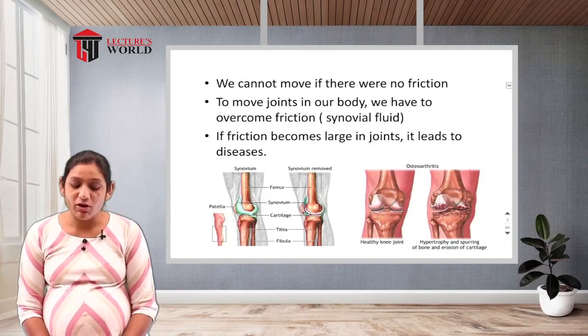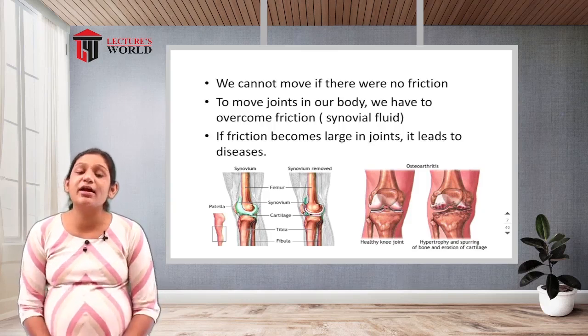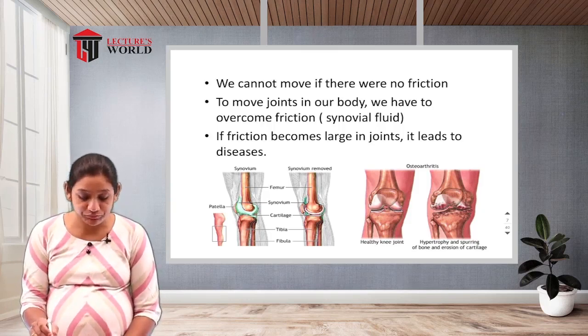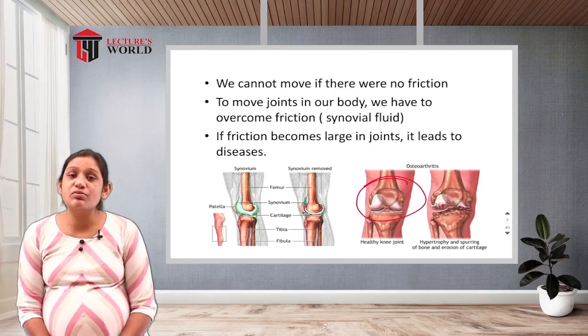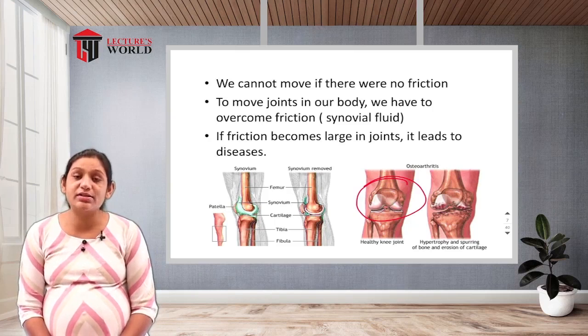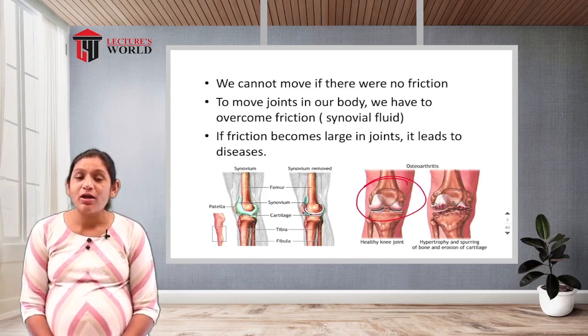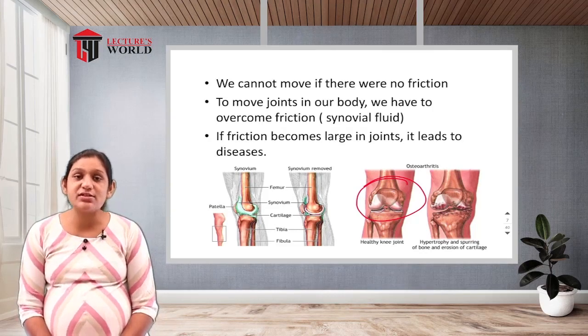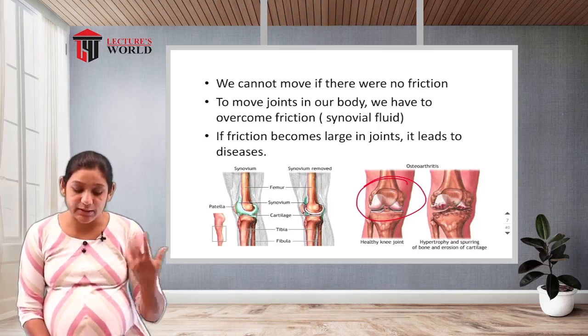We cannot move if there were no friction. Take the formation of bone joints: if between two bones there were no friction control or any lubricant fluid, we could not walk safely and easily.